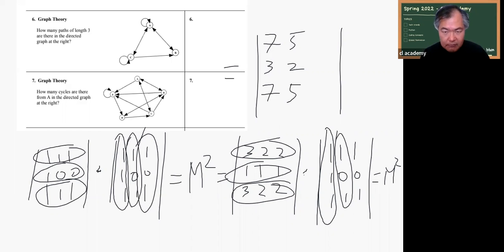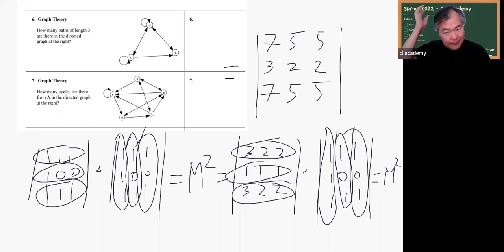Then we move on to column C. Row A times column C would be a 5, row B times column C would be a 2, and row C times column C would be a 5.